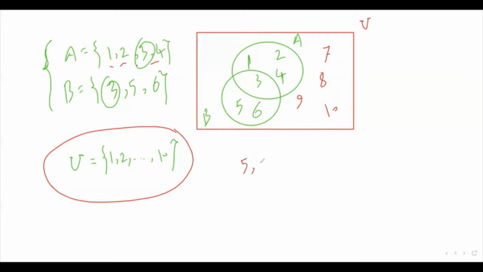Those are 5, 6, 7, 8, 9, and 10. So this is the complement of A, and this is how we show it, A dash, right? Now, a tricky question. What is the complement of the universal set? That's an empty set. And what is the complement of the empty set? That's the universal set, right?